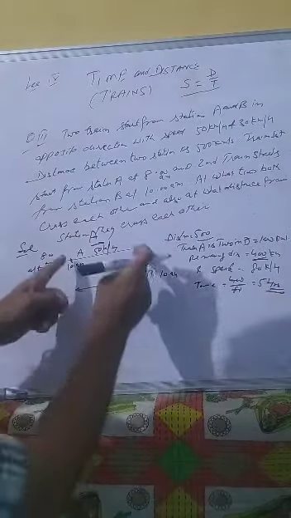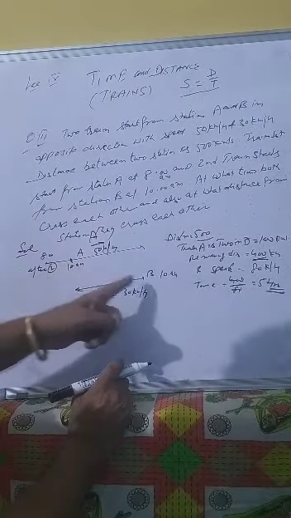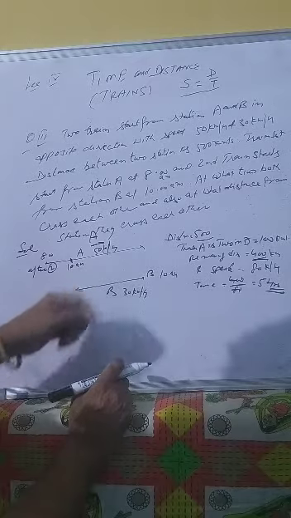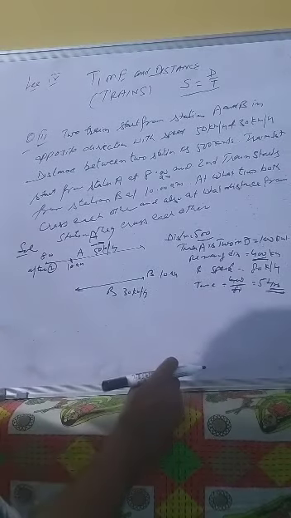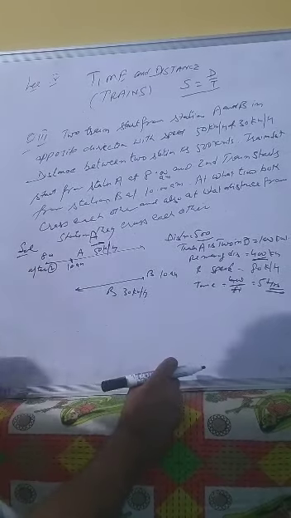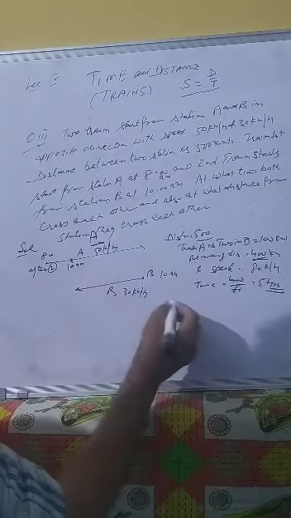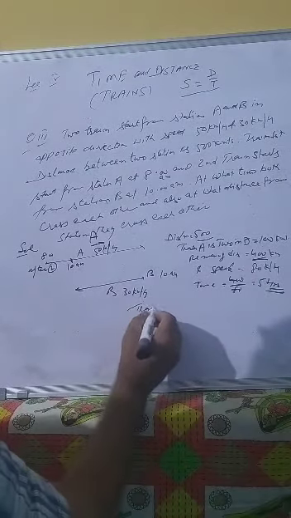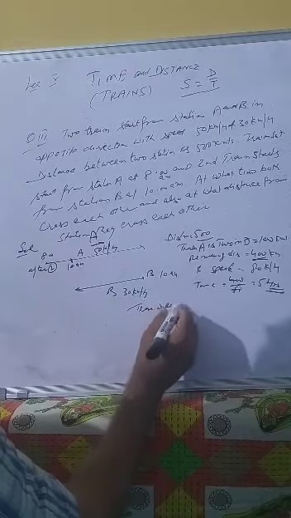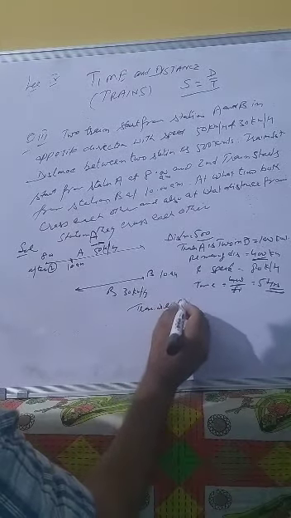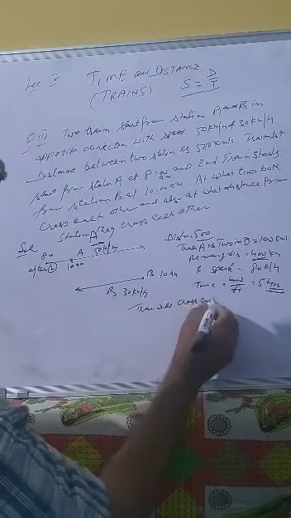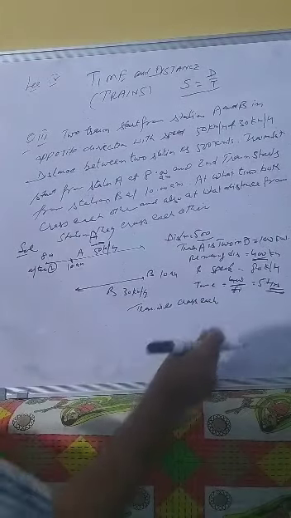They will take 5 hours to cover this distance of 400 kilometers. That means the trains will cross each other in 5 hours.